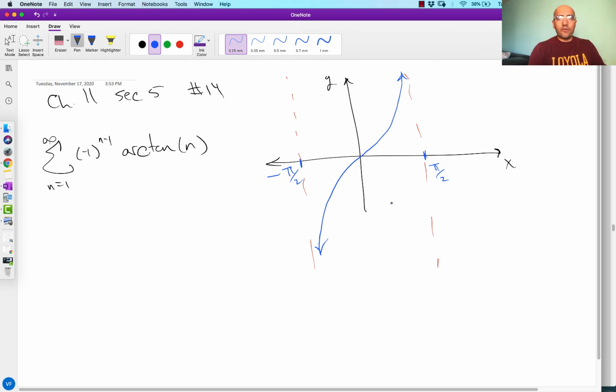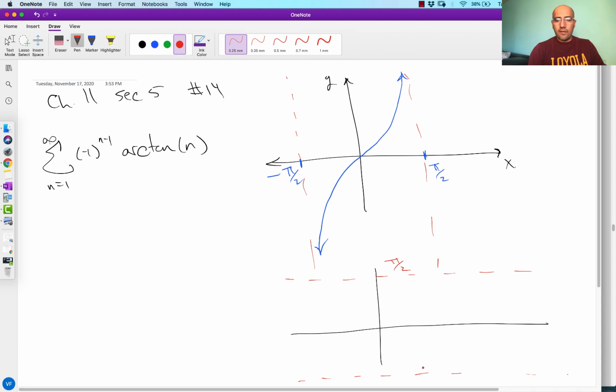Now if we want to do arctangent, then the graph looks like this, where we have an asymptote at positive pi over 2, and another asymptote at negative pi over 2. The graph will come this way and then go down to 0 and then go down that way and approach that way. Good. So this is the graph of tan inverse.